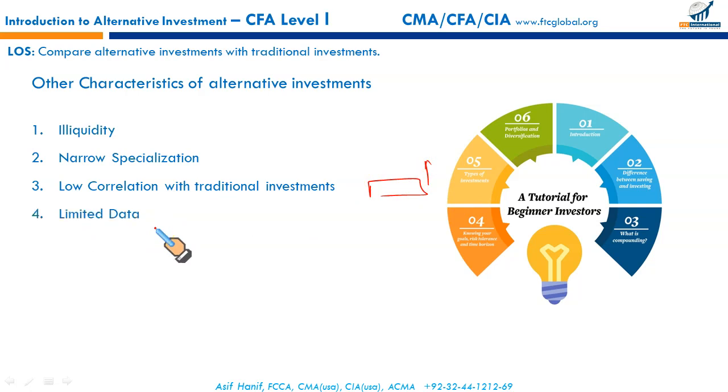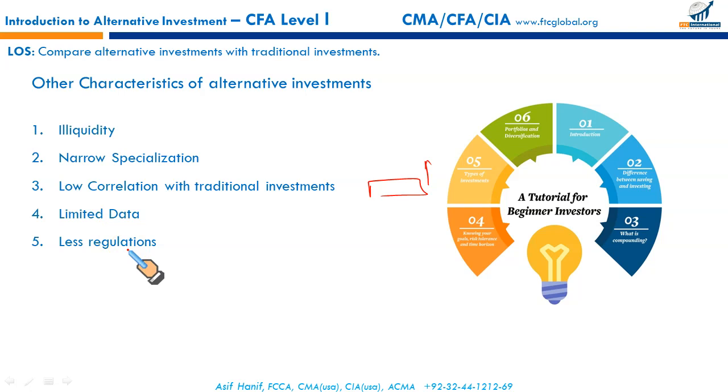Then another characteristic of alternative investment is limited data. That is limited historical data, and because of limited data there are problems of calculating risks and returns. Then alternative investment markets are not as tightly regulated as your markets of traditional investments like bonds and stocks.